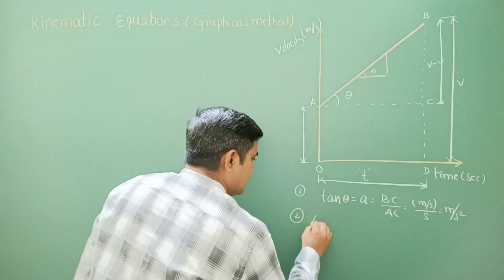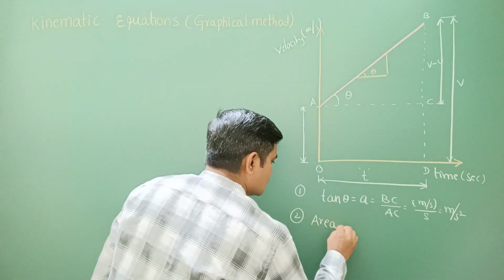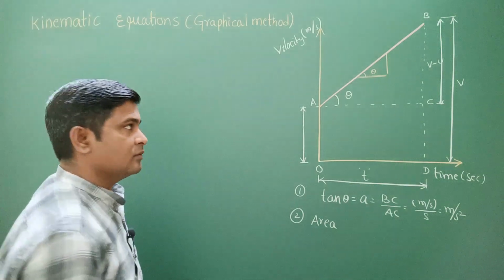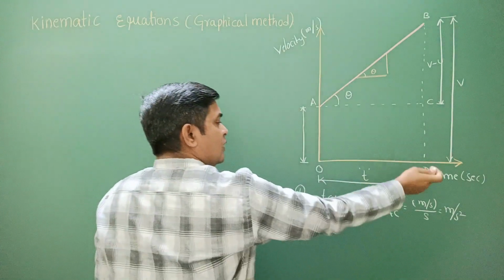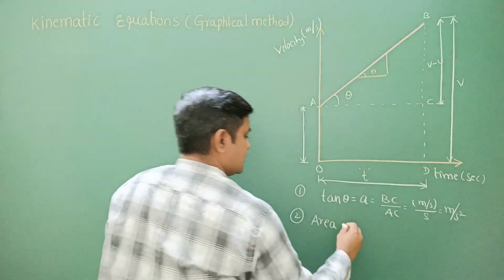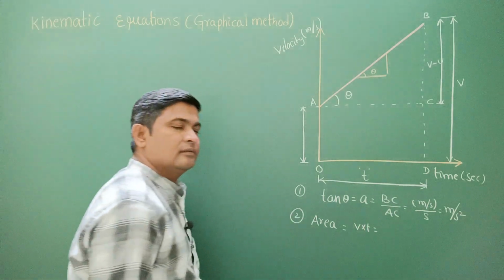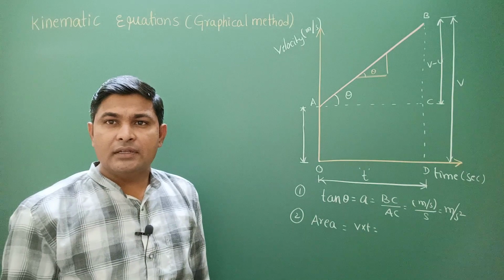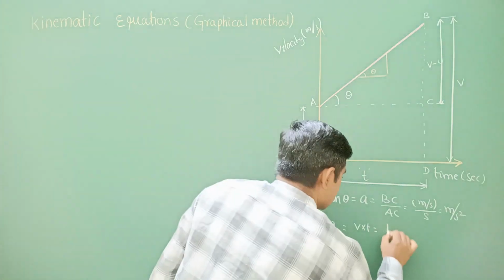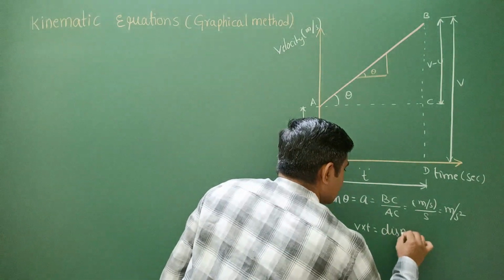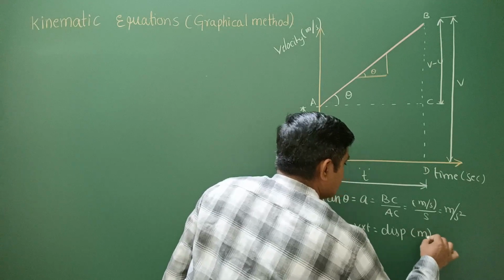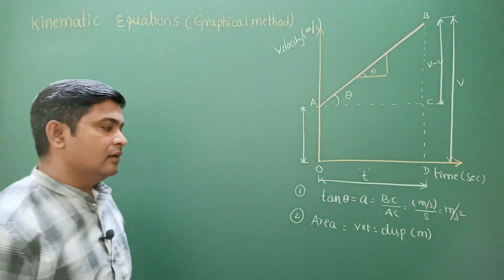Number 2, what comes if we calculate the area? The quantity on x is time, and the quantity on y is velocity. So if you multiply velocity into time, what are you going to get? Definitely you are going to get displacement. What is going to be the unit of displacement? It is meter.